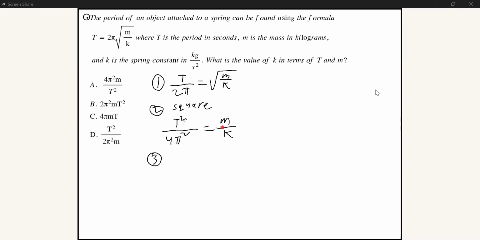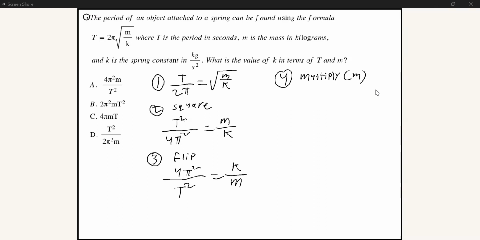All right, we're going to flip, and we'll get 4 pi squared over T squared equals k over m. And that is great. And then our last step, multiply, or multiply by m.